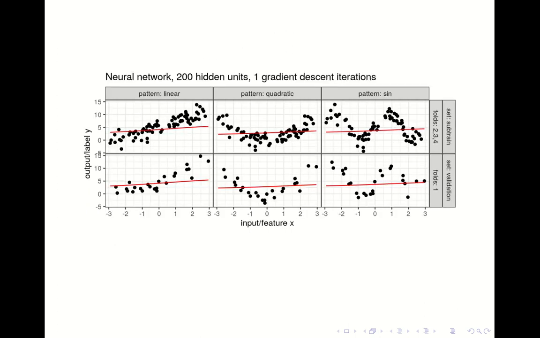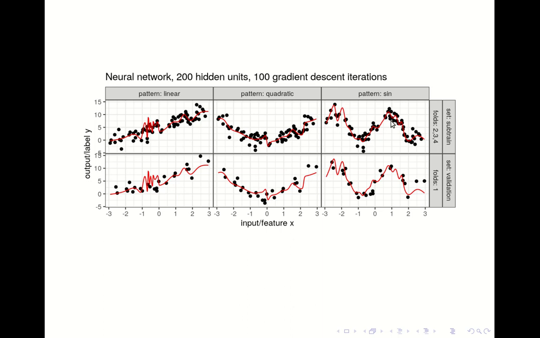So the final example is a neural network with 200 hidden units. This has even more hidden units than the previous two examples, which had either 20 or 2 hidden units. Again, at one gradient descent iteration, it looks pretty much like a flat line that we're learning. After 10 iterations, we see that we're already fitting the quadratic function pretty well. And for the sine, maybe we're doing a little bit of underestimation in this area, but doing pretty good.